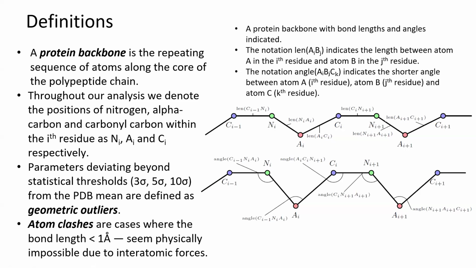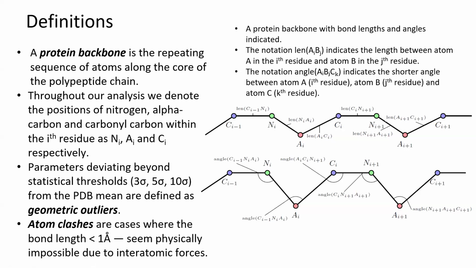So in this talk, we're going to explore so-called geometric outliers, which are parameters that deviate beyond statistical thresholds. We've defined them as 3 sigma, 5 sigma, and 10 sigma away from the mean across the entire PDB.